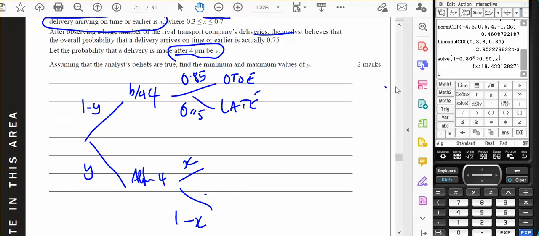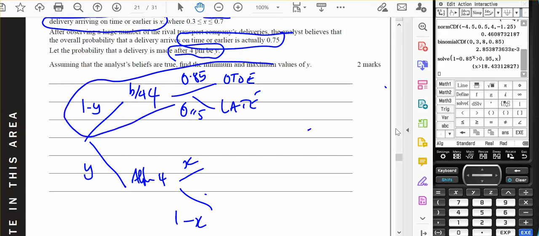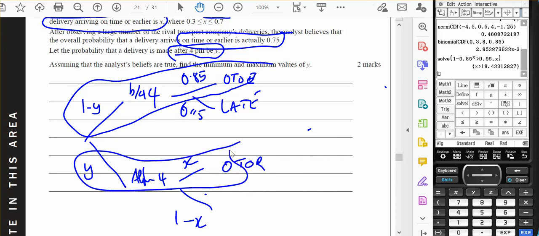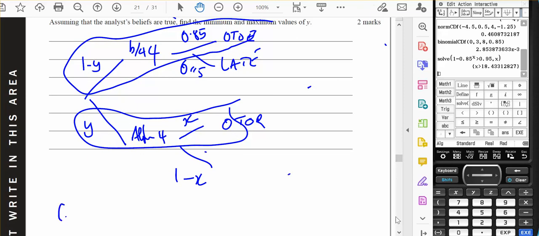I know that being on time or earlier is 0.75. So being on time or earlier can be from deliveries before 4 or deliveries after 4. So I've got 0.75 can equal 1 minus y times 0.85 plus x times y.